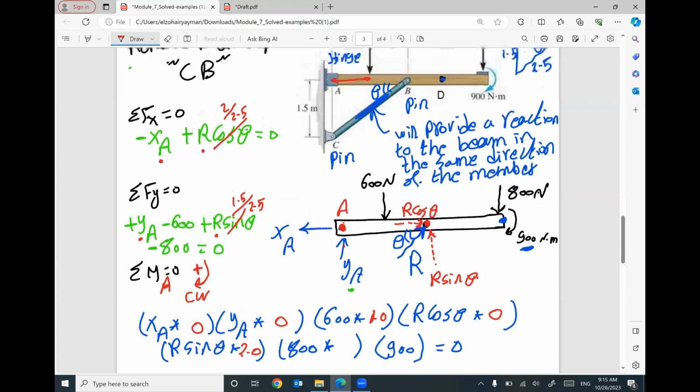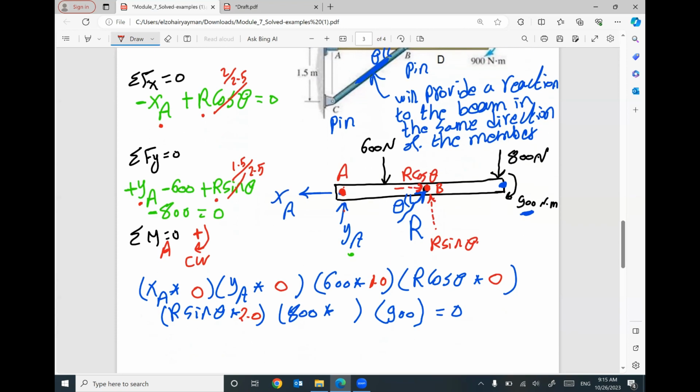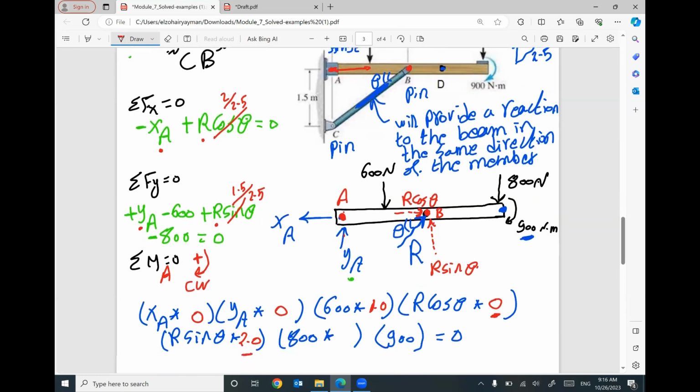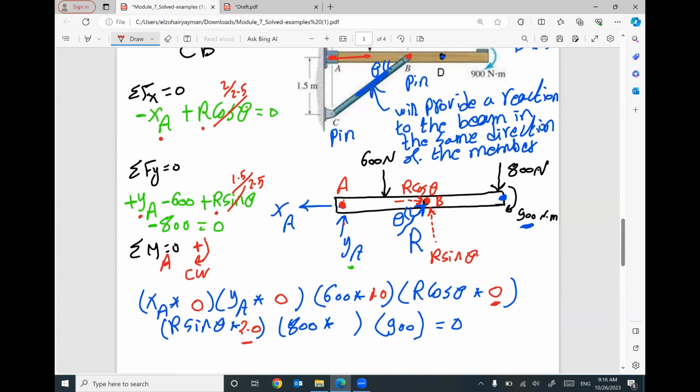Wait. R cosine theta is at point B, and R sine theta is also at point B. So why does one of them have a distance 0 and one of them a distance 2? First of all, the distance between B and A is 2 meters. But keep in mind, R cosine theta is a horizontal component.